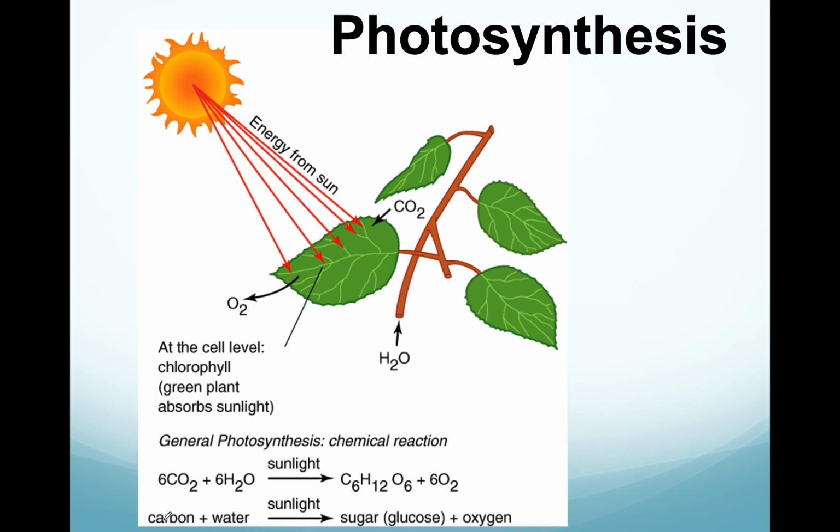So the plant takes carbon in the form of 6 carbon dioxide molecules that enter through the leaves, plus 6 water molecules that come in through the roots, plus energy from the sun, which is used to create 1 molecule of sugar, which the plant uses for food, and the plant also releases 6 molecules of oxygen.